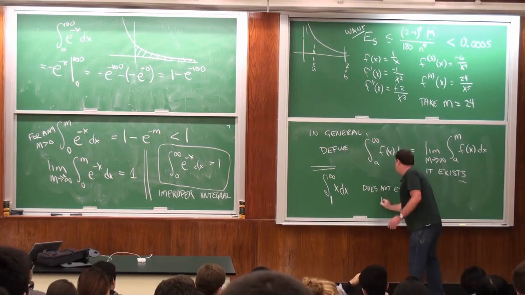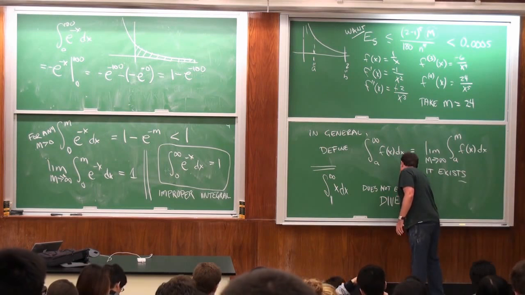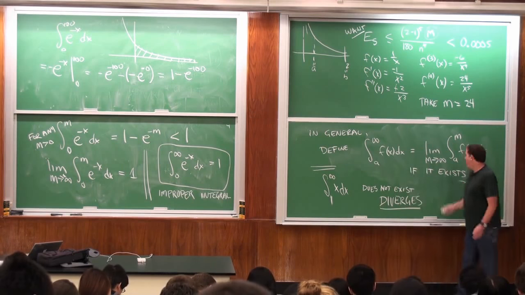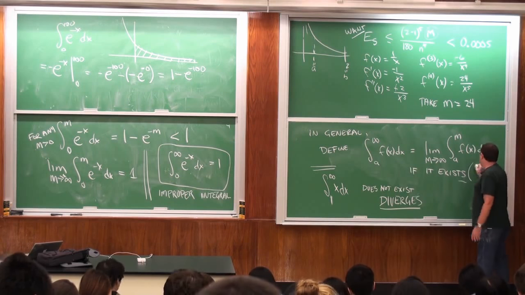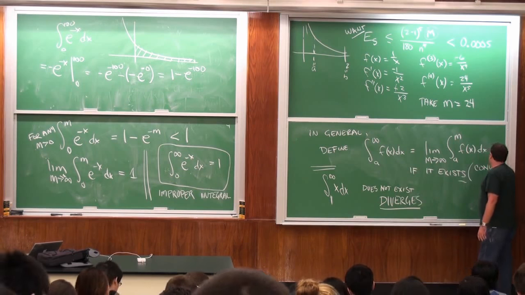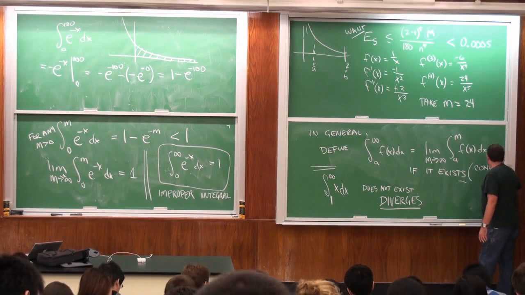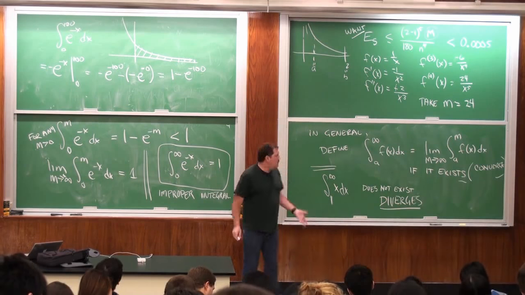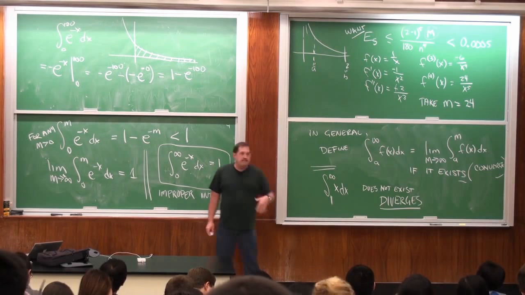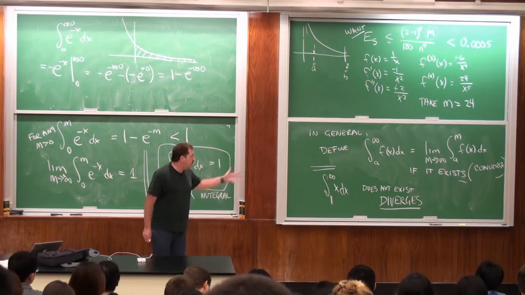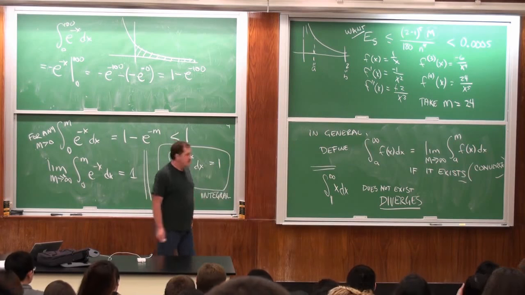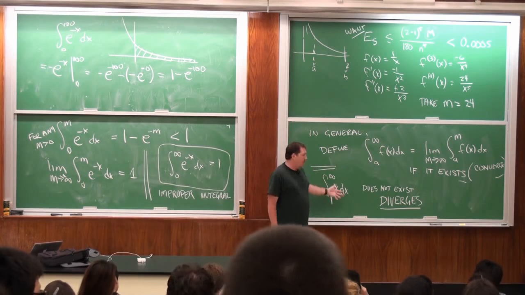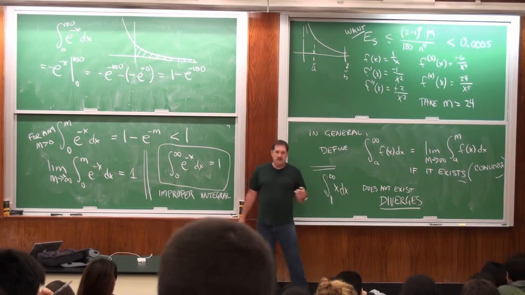So we would say that this diverges. And we would say this one, if it exists, converges. These words diverge and converge, we're going to use a lot in this class. You should get used to these terms now because in about 3 weeks, we'll be using them a lot more. So, if a limit doesn't exist or is infinite, we say the integral diverges.